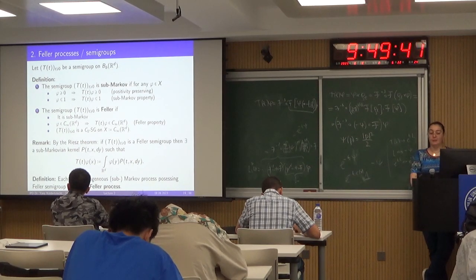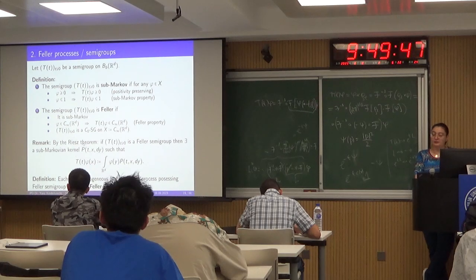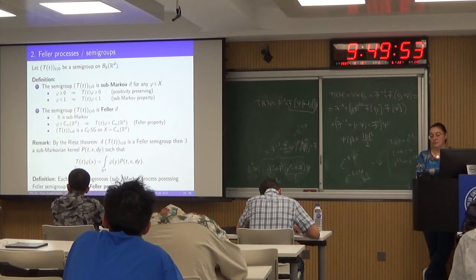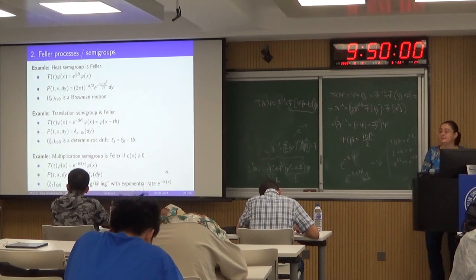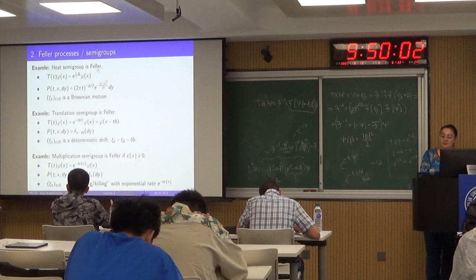So, we have defined a special class of semigroups. They are strongly continuous on this space, C infinity, and they are related to Markov processes. Okay. Example: heat semigroup is a Feller semigroup. We didn't prove that, but one can show it.